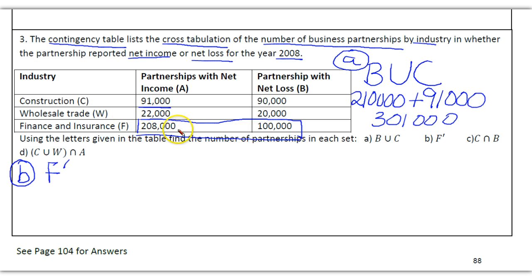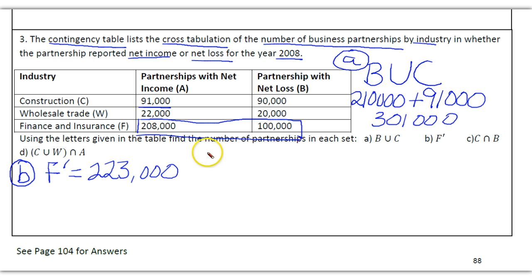So F complement would be these four up here. And when we add them together, we get 223,000. That is what F complement is. This is F. So the complement is everything but F.